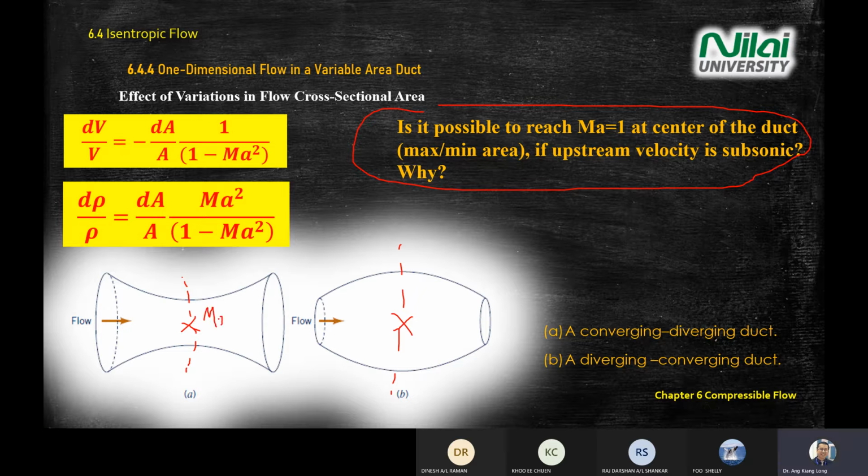Is it possible to reach Mach number 1 at this section? If the upstream velocity is subsonic, if the Mach number at the entrance here is less than 1, meaning subsonic flow over here.